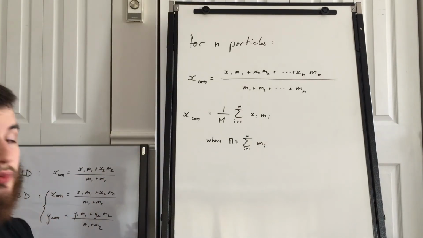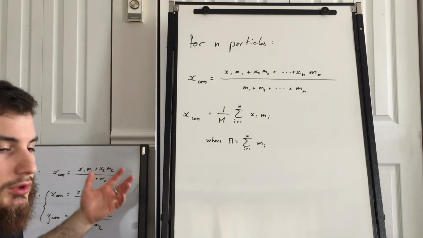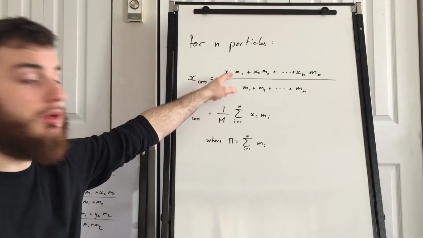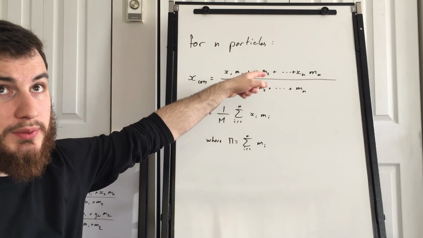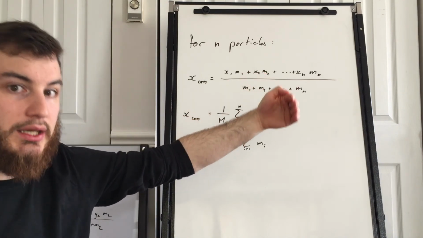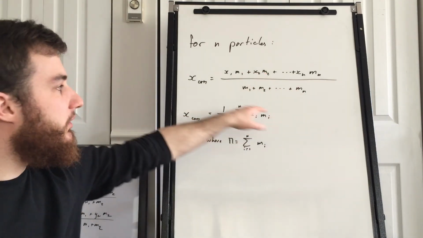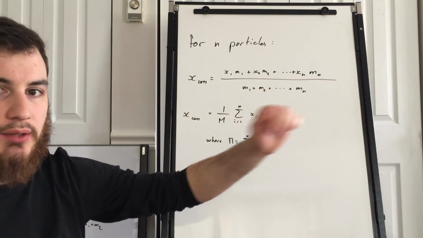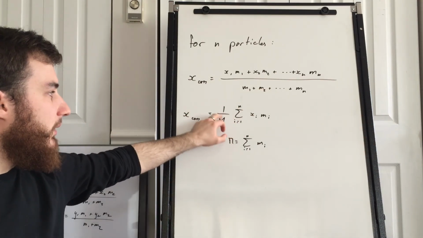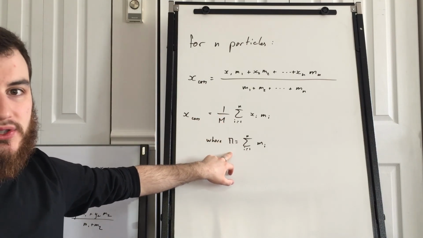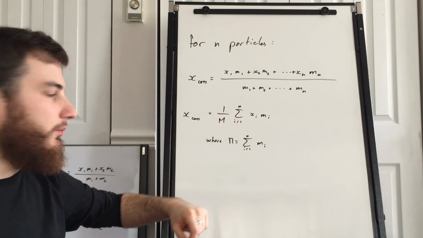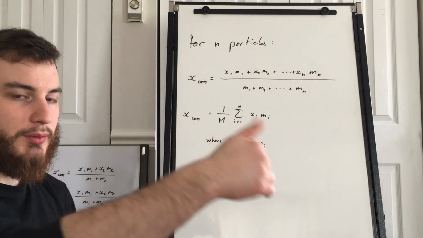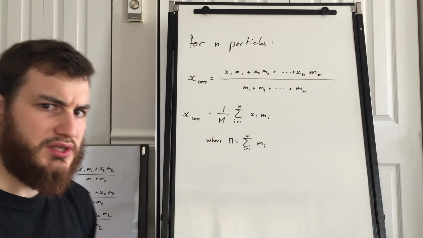For n particles, where n is some number, assume greater than 2, the position of the center of mass is x1m1 plus x2m2 plus x3m3 plus and so on plus xnmn, all of that over m1 plus m2 plus m3 plus and so on plus mn, which is summarized here by 1 over big M. Big M is the sum of the small masses and the sum of the product xi and mi, i being just a subscript that you increment. And in a nutshell, this is the center of mass.